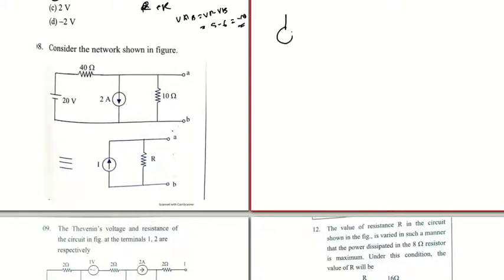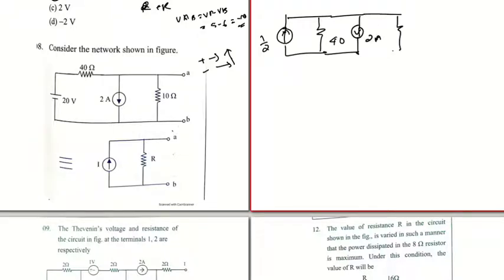The positive terminal gives the arrow head and the negative terminal gives the arrow tail. The current will be V divided by R, which is 20 divided by 40, which is 1 by 2 ampere, and there is no change in the resistance, it will be 40 ohm. The other current is 2 ampere and it is 10 ohm, right?